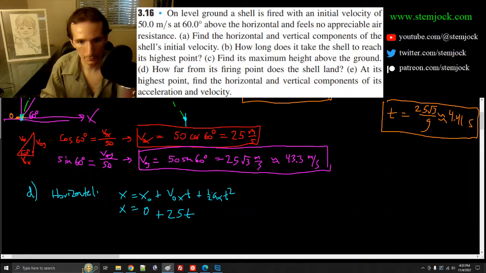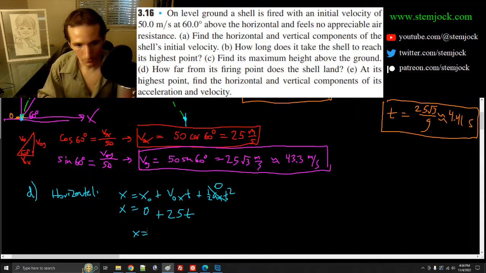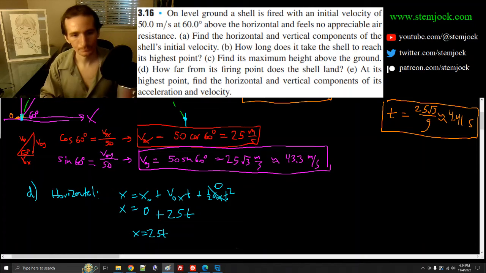And now, as I said before, ax is 0 because the shell is not speeding up or slowing down horizontally. It's constant. So x equals 25t. Question now is, what is t?